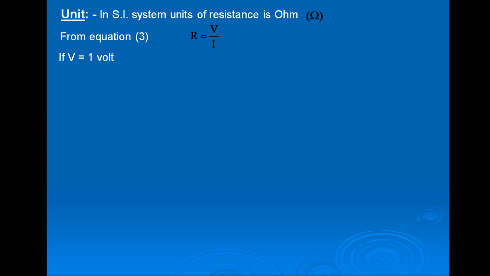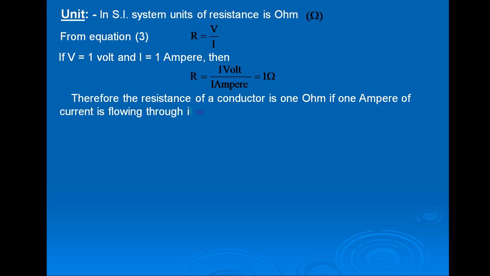If V = 1 volt and I = 1 ampere, then R = 1 volt / 1 ampere = 1 ohm. Therefore, the resistance of a conductor is 1 ohm if 1 ampere of current is flowing through it when a potential difference of 1 volt is applied across it.